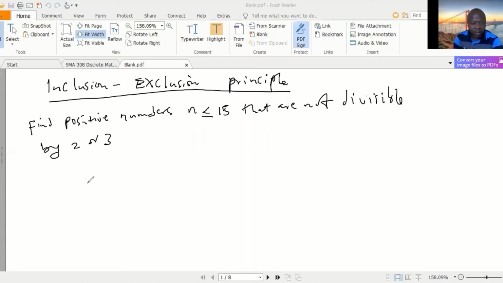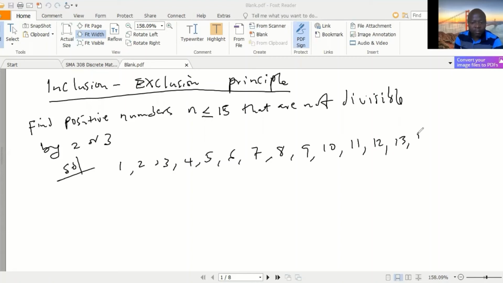Now, somebody else would have done this by listing the numbers between 1 and 15. But I'll use another method, the one of inclusion-exclusion.